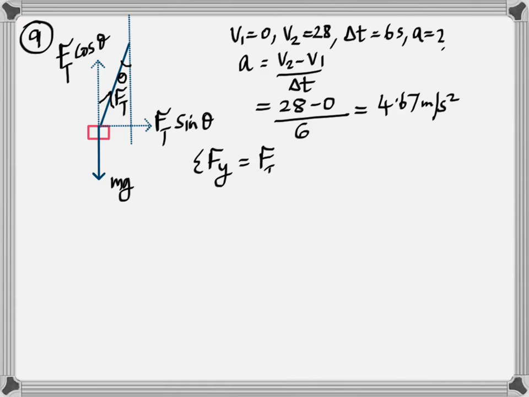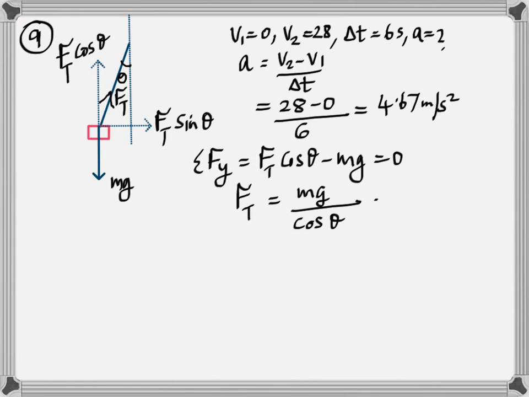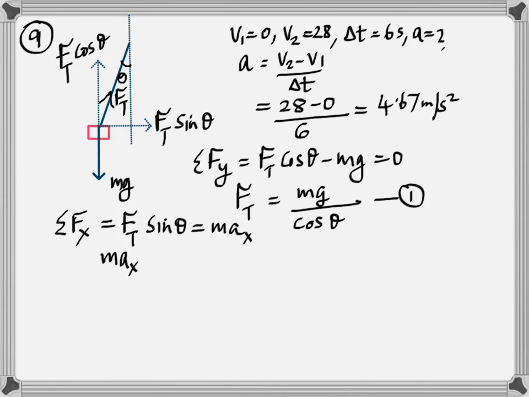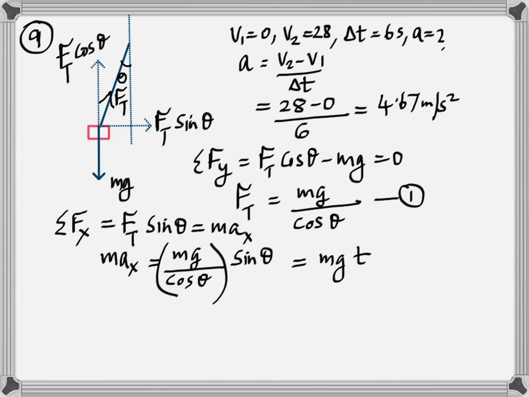Taking the forces along the y-axis, you have Ft cos theta minus mg is equal to 0. Rearrange to get Ft as mg by cos theta. Along the x-axis, you only have one force, which is Ft sin theta. So that should be equal to m times acceleration along x, and that's mg tan theta.